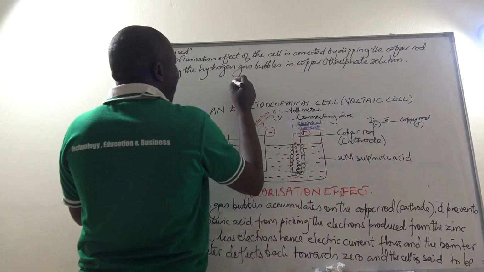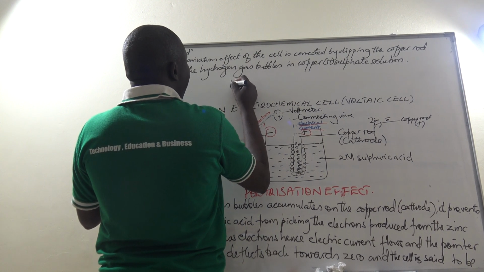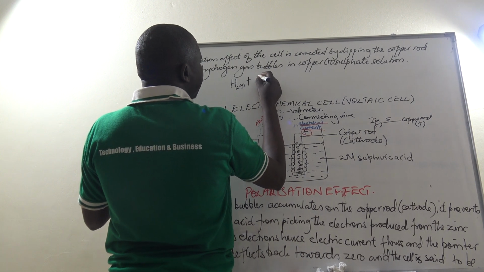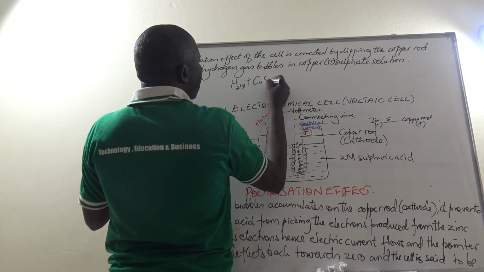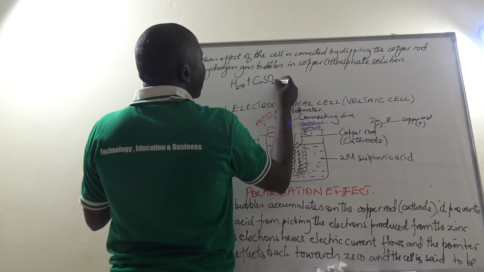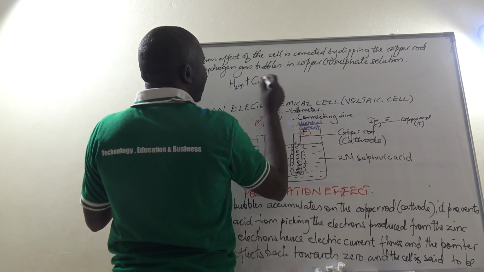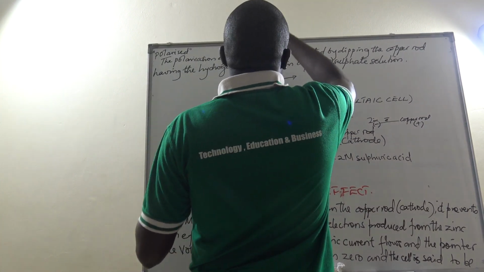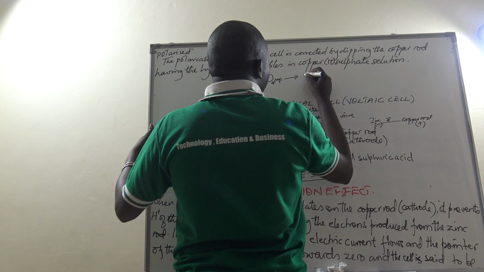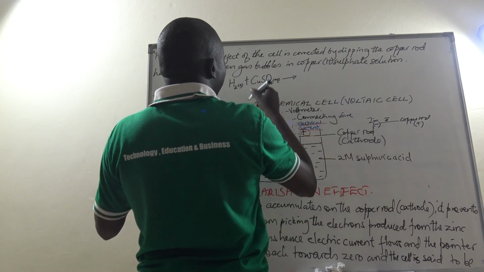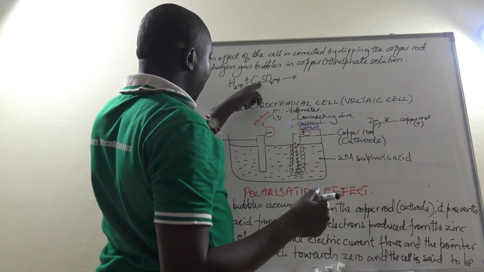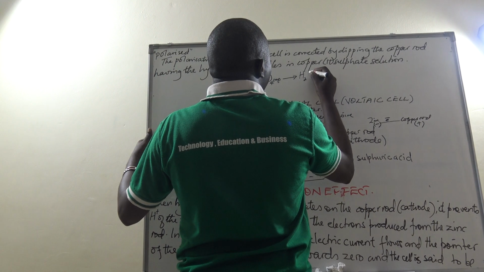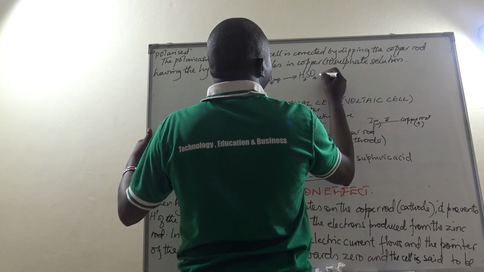Let us see a simple reaction that takes place. So we have hydrogen gas on the rod of copper, on the copper rod. So if you have copper II sulfate and you dip that copper rod bearing the hydrogen gas bubbles in that copper II sulfate solution, then there will be displacement in this case, whereby we shall have hydrogen being more reactive than copper, displacing copper from copper II sulfate solution. And therefore we shall get back to the electrolyte, which is dilute sulfuric acid.